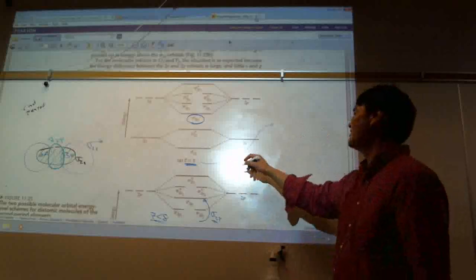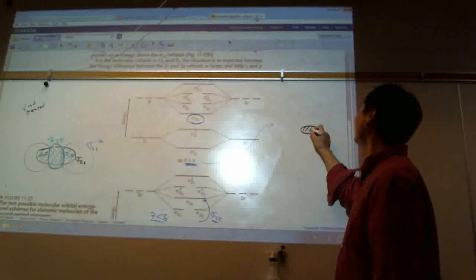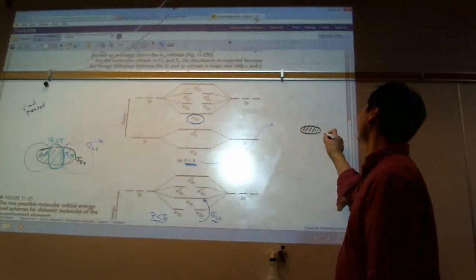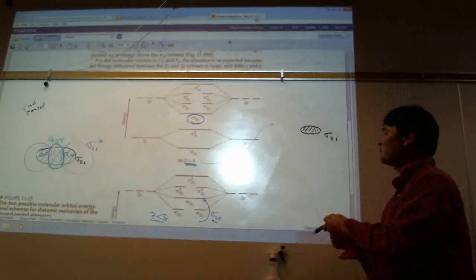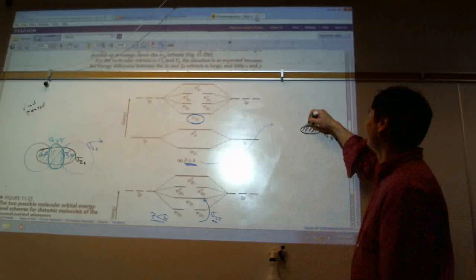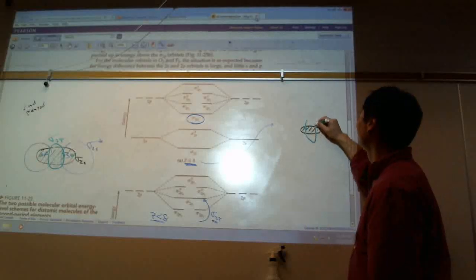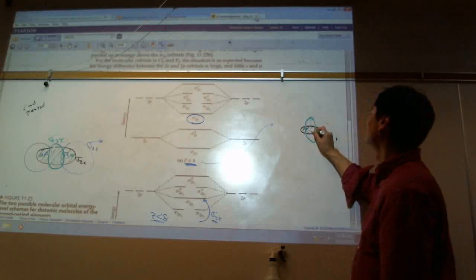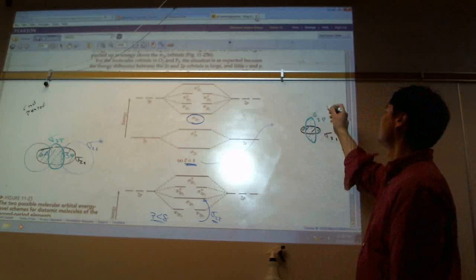And so when Z is high, the 2s gets pulled in tight to the nucleus. This is sigma 2s. And then the 2p are less penetrating, right? And so the 2p don't get pulled in as tight. This is the 2p, sigma 2p.